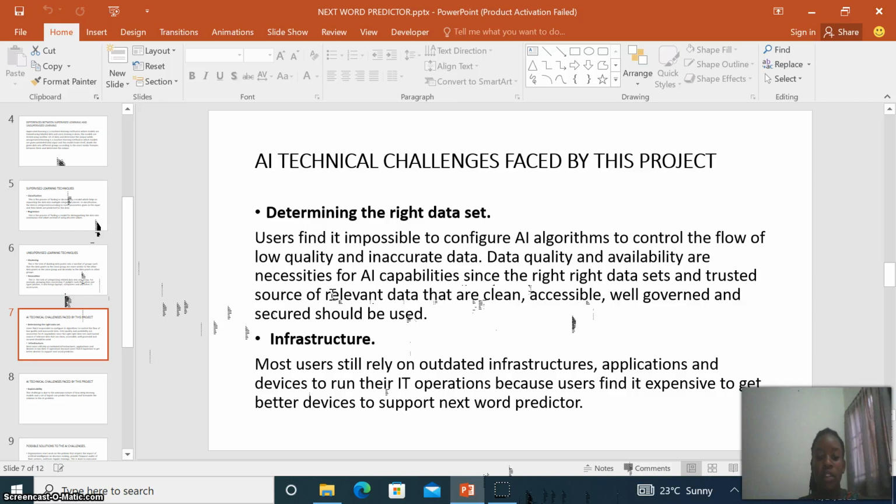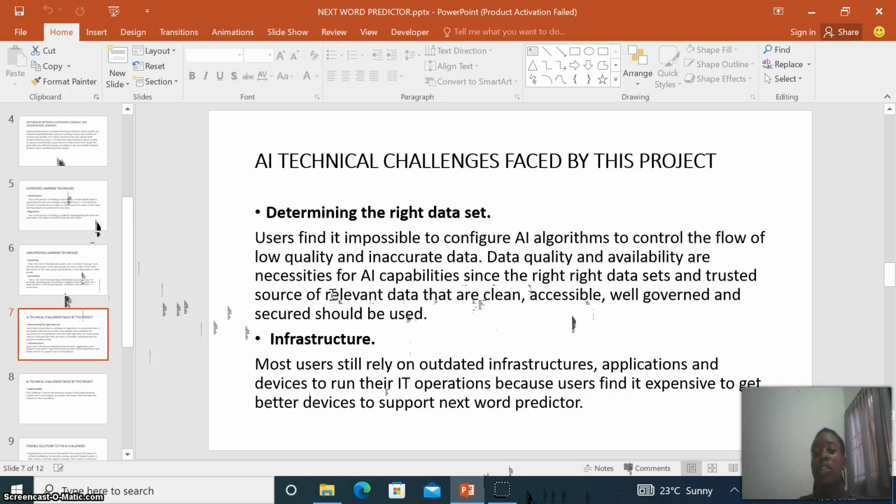And another challenge is infrastructure. Here, by infrastructure, I may refer to the devices mainly which are to be used to build the project, and again the devices which are to be used after the project is built.